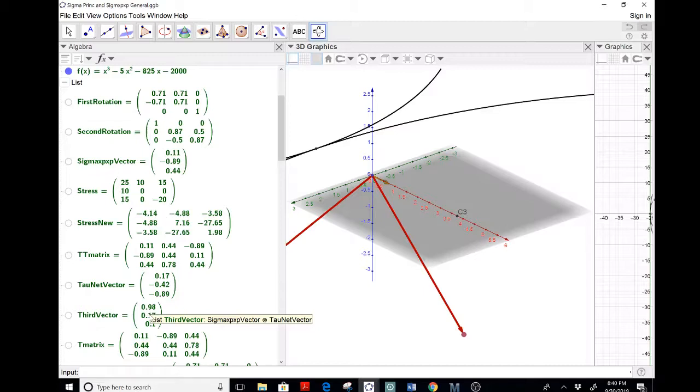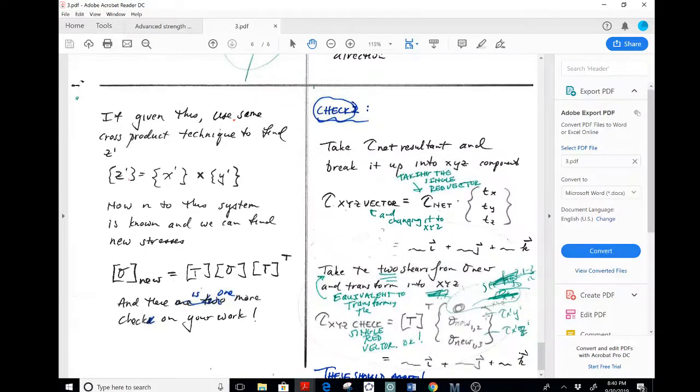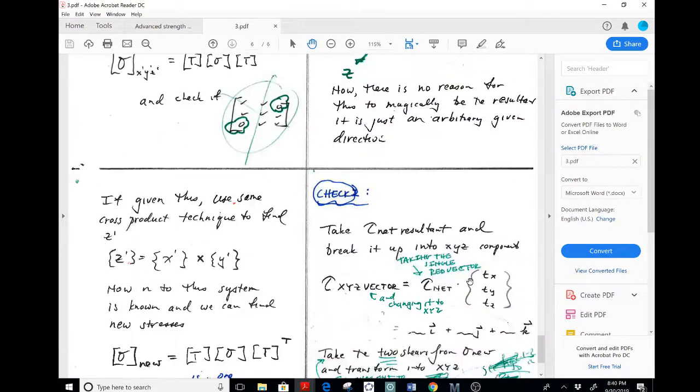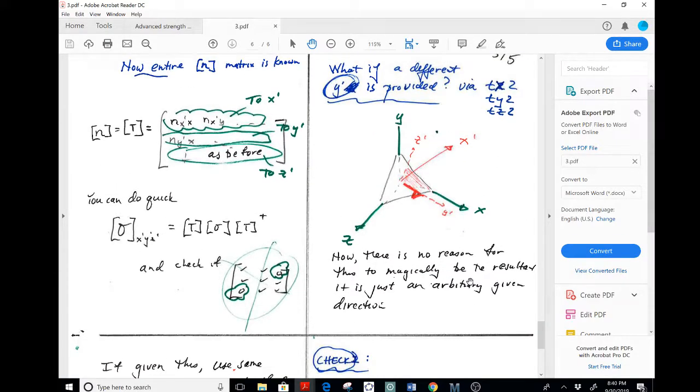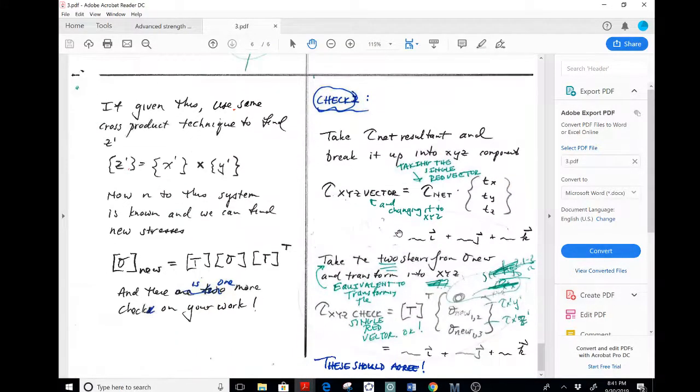Now, if you're doing this by hand, which is doable still, it's the determinant of ijk, and then the next row is the first vector across, and the second vector is a row across.